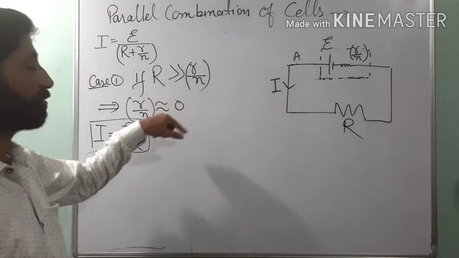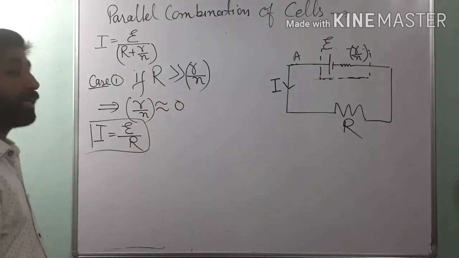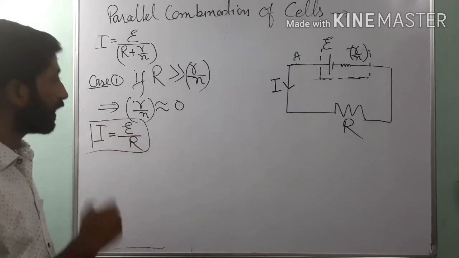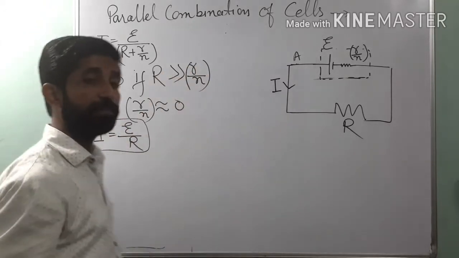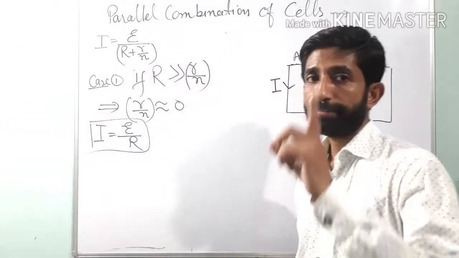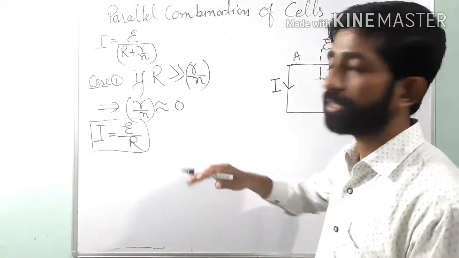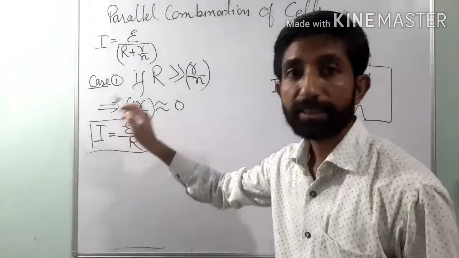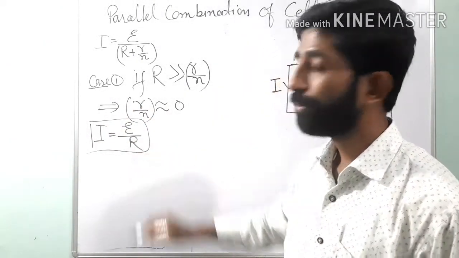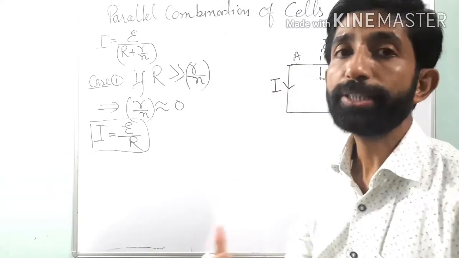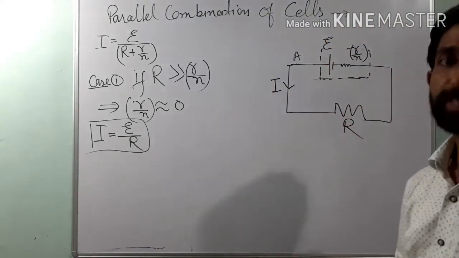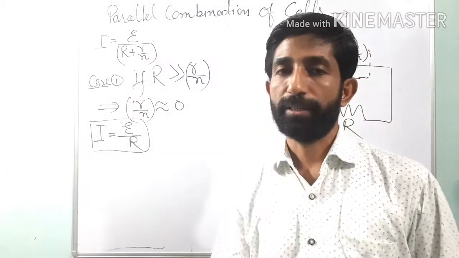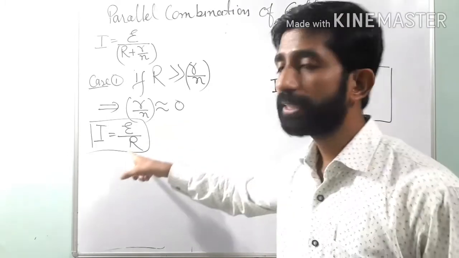If I had a single cell with very small internal resistance, then I would get the same current, E over R. It means, why should I take so many cells in parallel combination rather than go for one cell? Because one cell will give the same value of current.